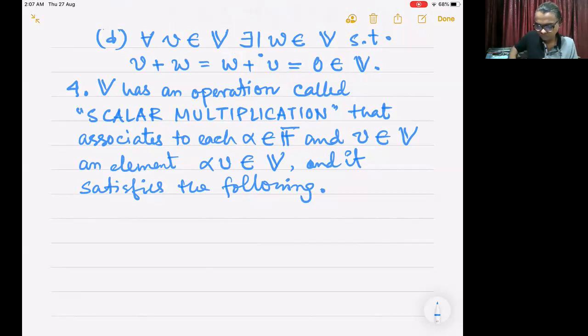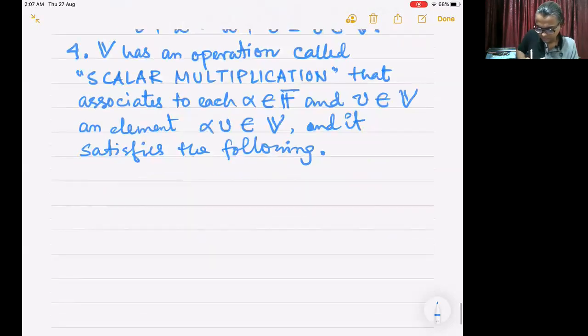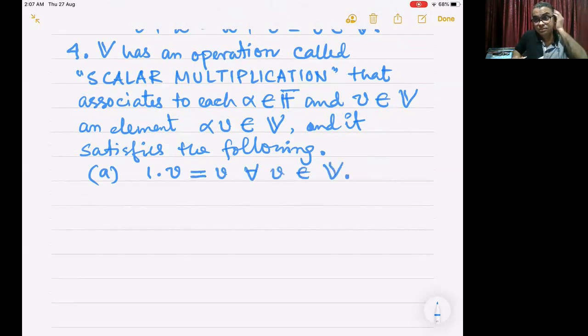What properties must it satisfy? Number A, the one that is there in the field times v must be equal to v for all v in the vector space. We define this; we don't say that this follows naturally. Number B is a kind of associativity.